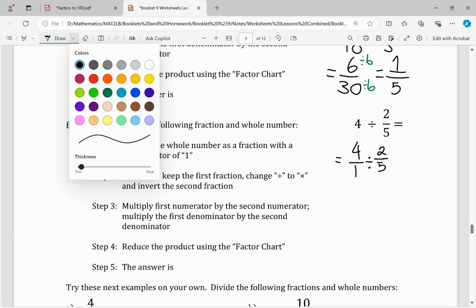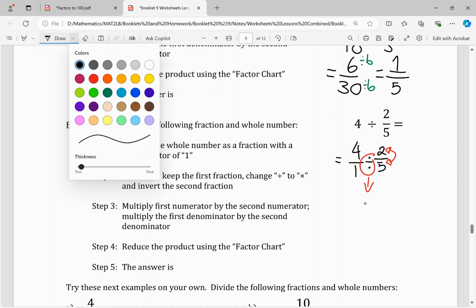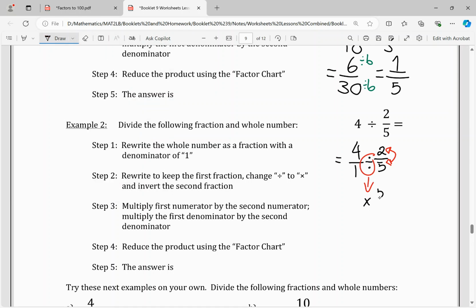Step 2, the best way to handle a division problem is to turn it into a multiplication problem. So we flip the second fraction and turn that division into a multiplication. Right, the 2 over 5 becomes a 5 over 2, and division becomes multiplication. Step 3, we multiply the two fractions, right? So we multiply 4 and 5 to give us 20, and we multiply 1 times 2 to give us 2.